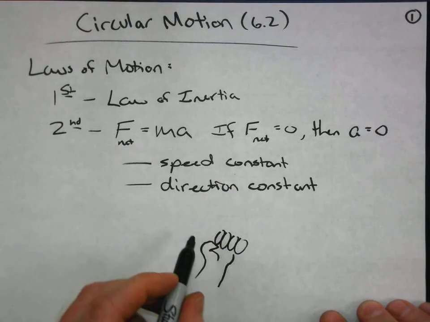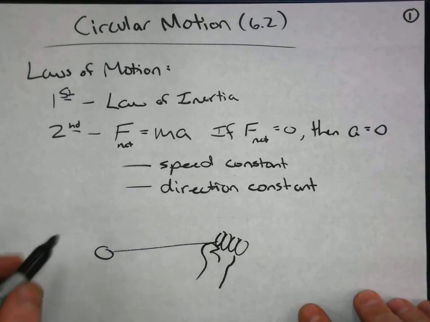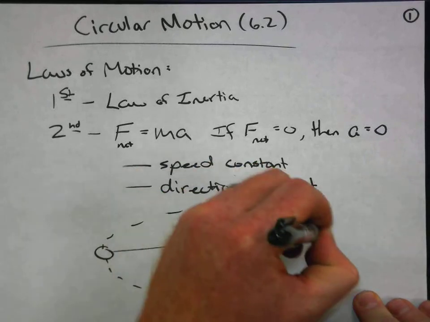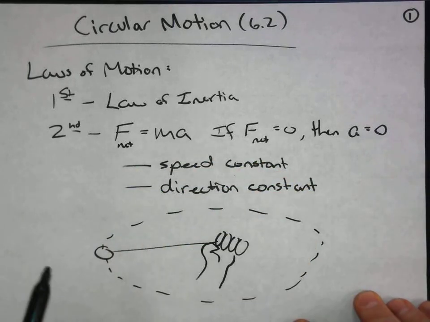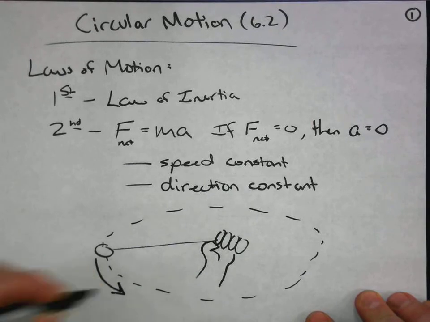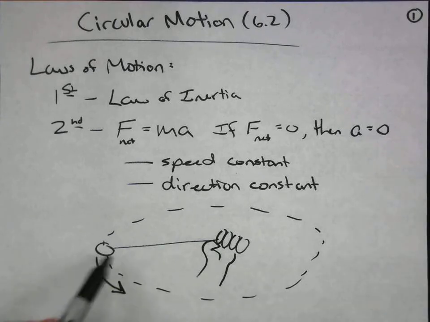Let's say you have something tied on a string and you're holding it and you swing it around. That's a terrible circle, but you get the idea. And so we get this motion, and we have an object, this ball or whatever it is, moving in a circle.